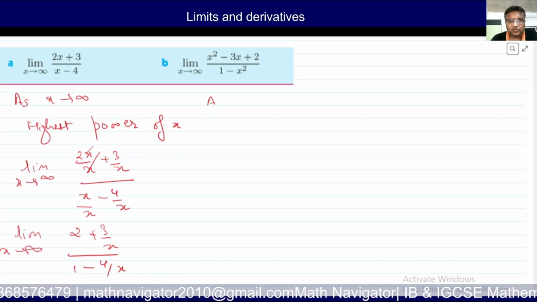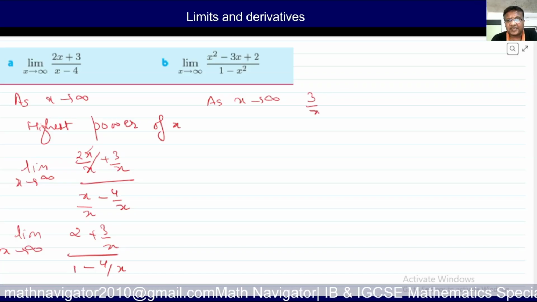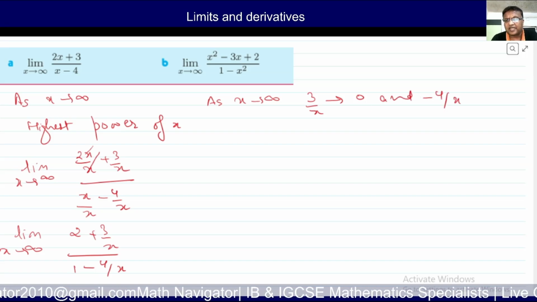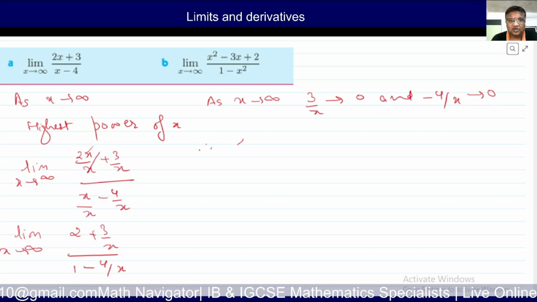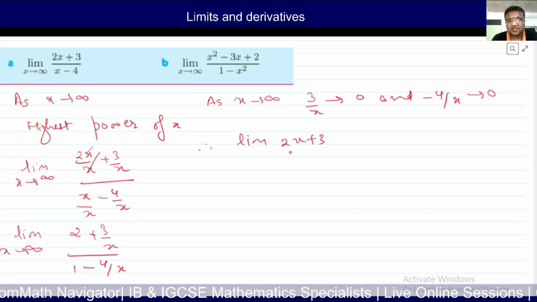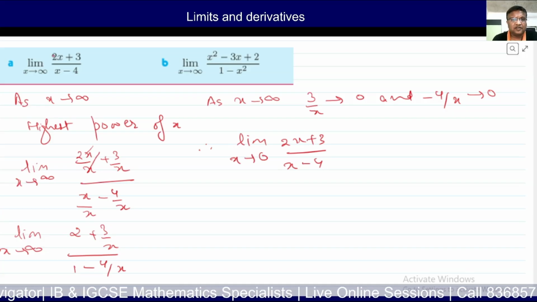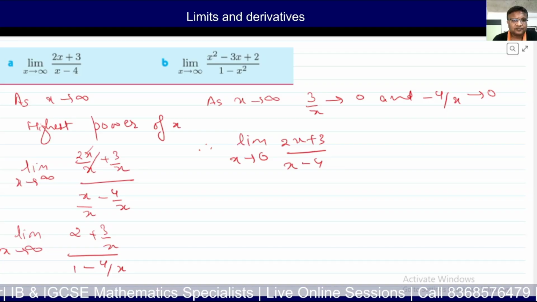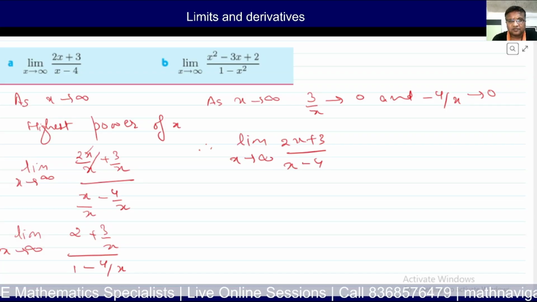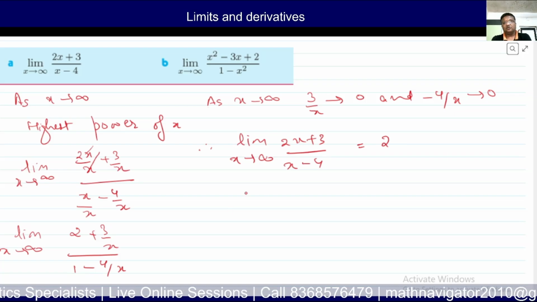As x tends to infinity, 3 over x tends to 0 and minus 4 over x tends to 0. Therefore, limit of 2x plus 3 over x minus 4 as x tends to infinity is equal to 2, got it? Once I do another question, then you try.